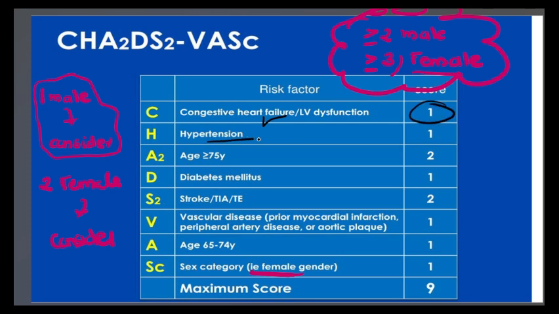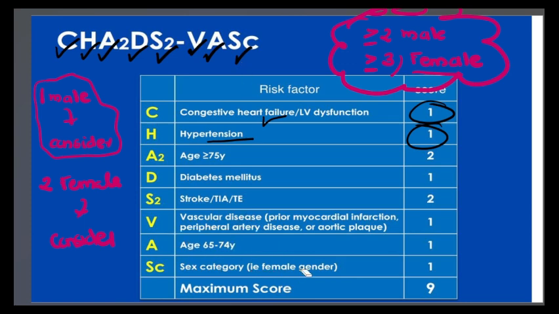If he has hypertension, we give one. Like that: C for congestive heart failure, H for hypertension, A for age more than 75, D for diabetes, S for stroke or TIA, V for vascular disease, A for again age, that is between 65 and 74, S for sex. Female sex is given an extra point.